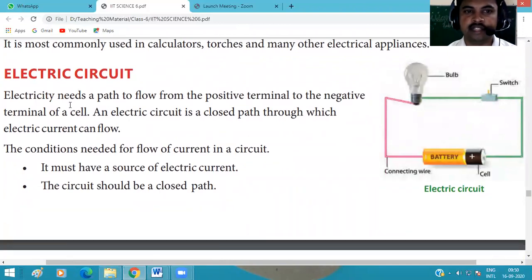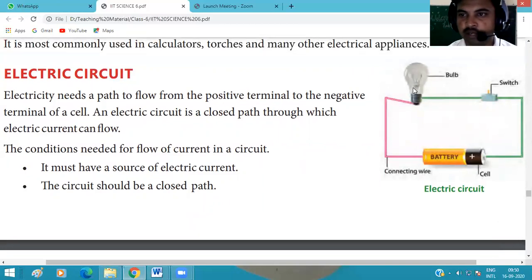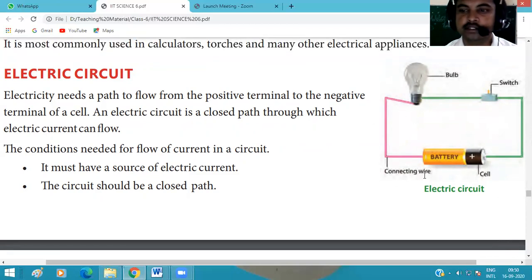Yes, this is electric circuit. In the previous class we discussed what is a circuit. A circuit is made up of some electric components or elements, like a bulb we need for making the circuit, a switch we need, and a battery to complete the circuit, and these components are connected with another component, that is a conducting wire.